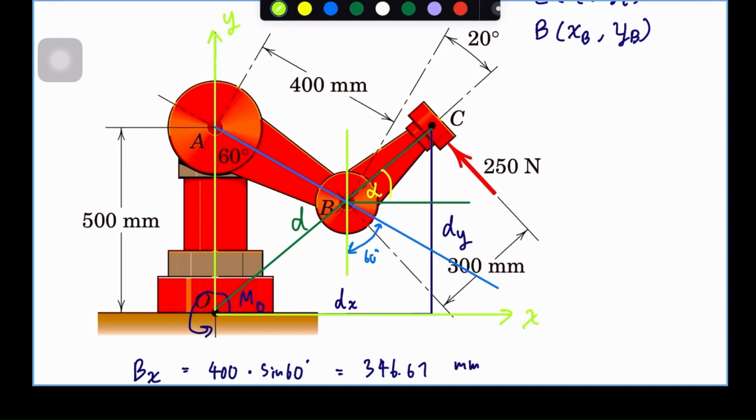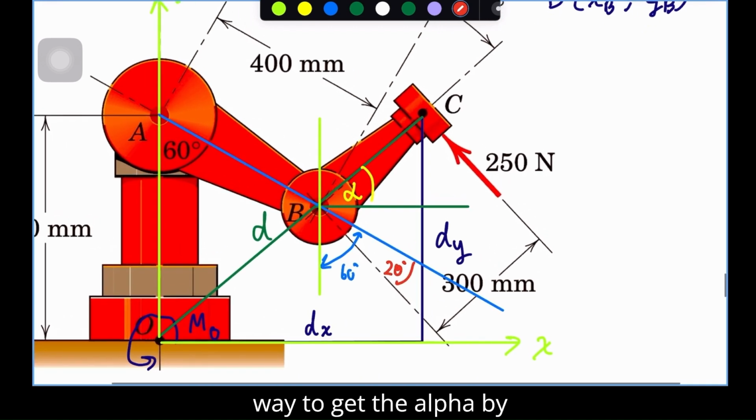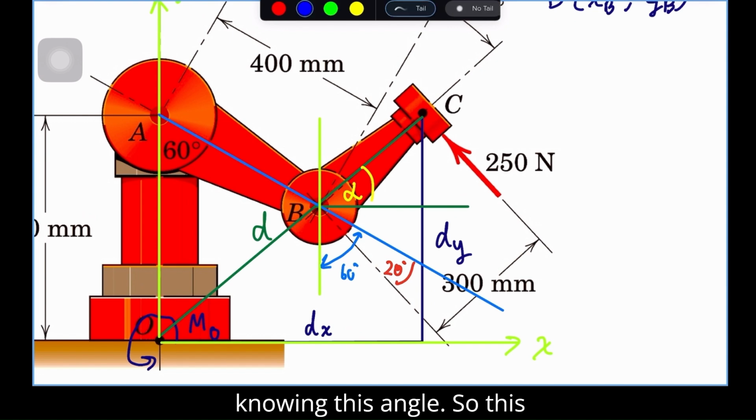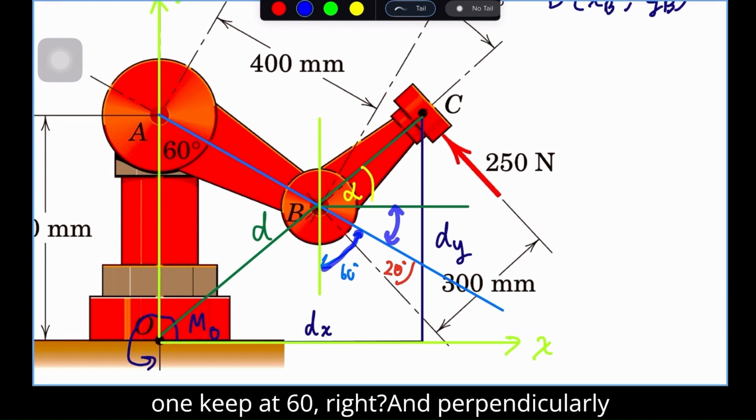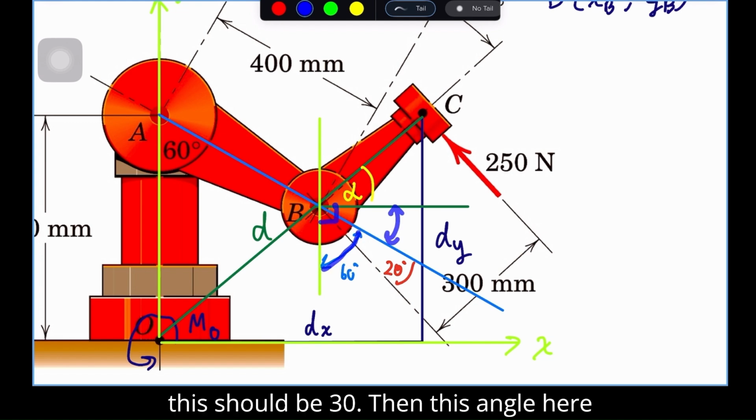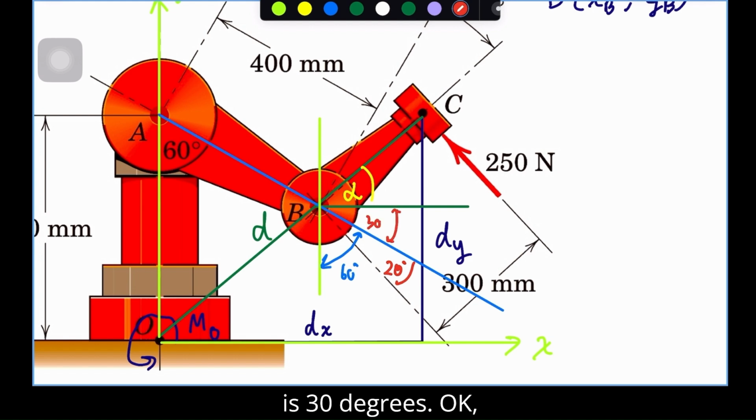Then we say that this one here is 20 degrees. So we work our way to get alpha by knowing this angle. This one stays at 60, right? And perpendicularly, this should be 30. Then this angle here is 30 degrees.